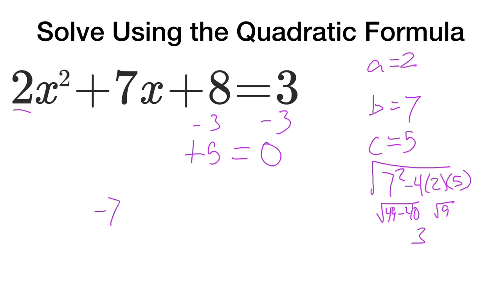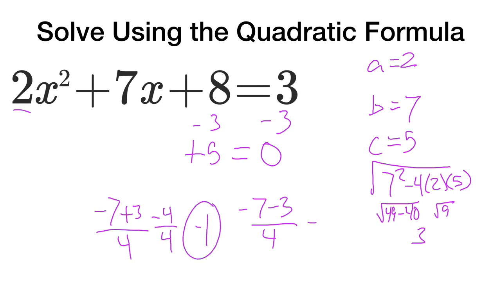So let's see, negative 7 plus 3, negative 7 minus 3. And all of that is over 2 times, in this case, a, which is 2, so over 4. So let's see. So that would be negative 4 over 4, or negative 1, or negative 10 over 4, which is negative 5 halves.